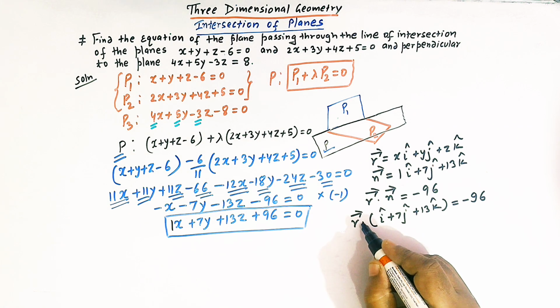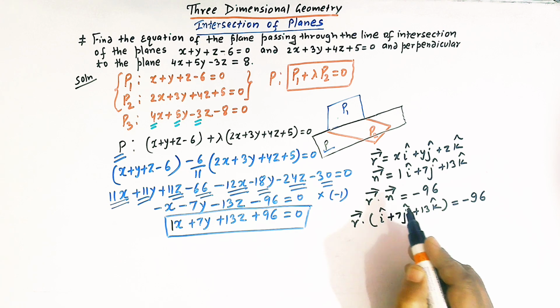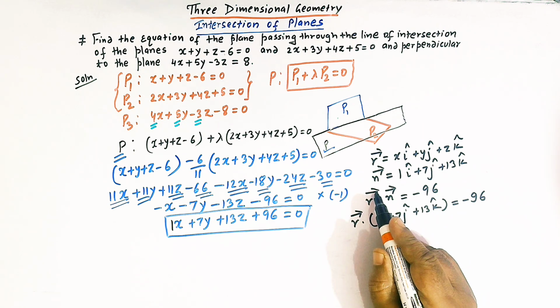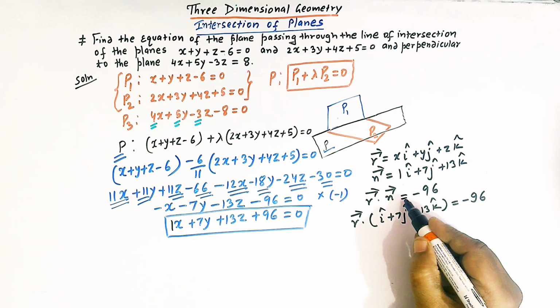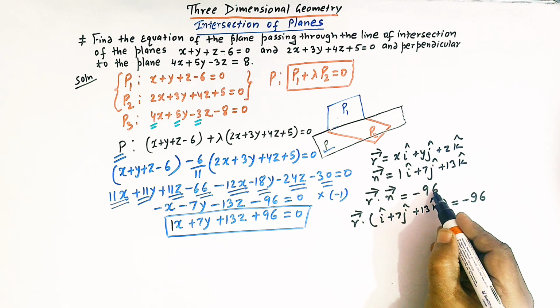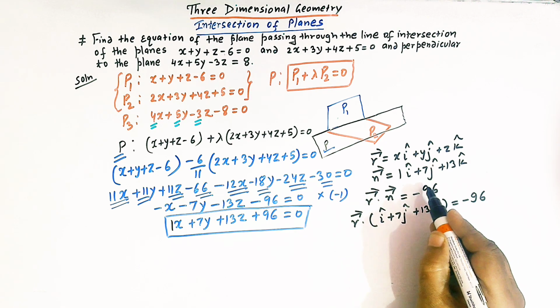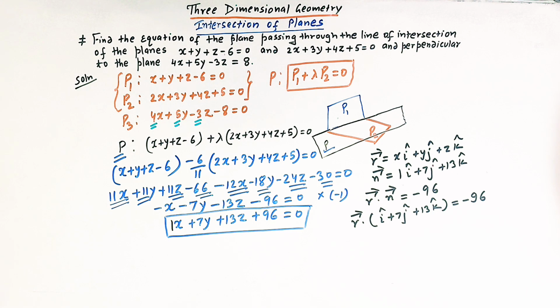So this is the dot product or the scalar product of vector r and vector n, right? So vector r dot vector n is equal to minus 96, which is the normal form of the equation of a plane.